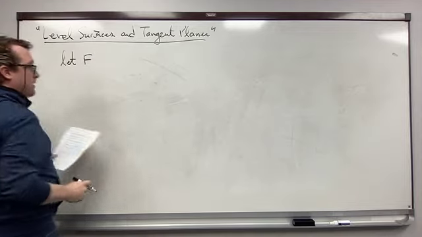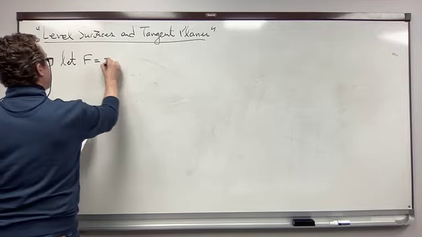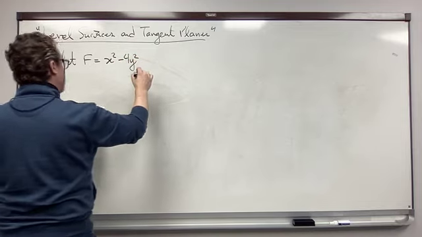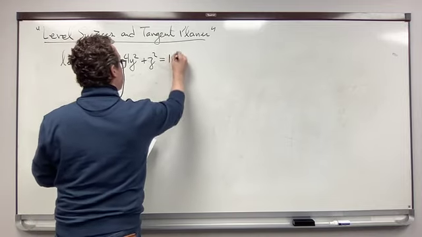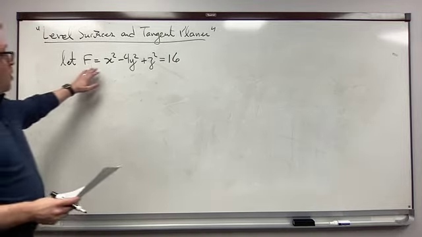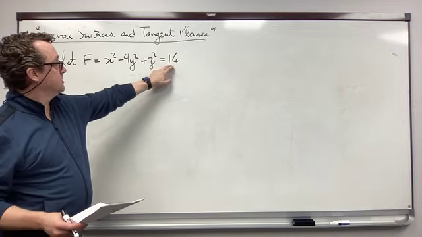Here's our scalar function in 3D space, x squared minus 4y squared plus z squared. They don't have to be polynomials, that's just what I happen to be doing right now. I have this function and I want this level surface, so I'm setting the function equal to this constant.